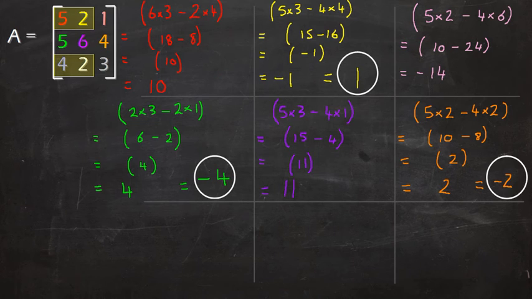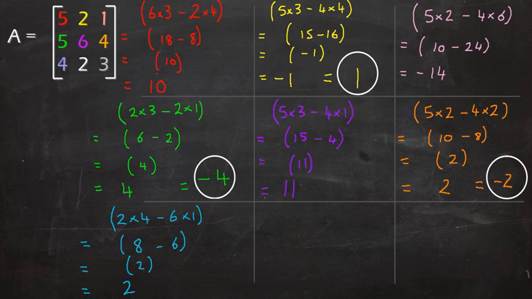So it's going to be 5 times 2 take away 4 times 2, which comes out as positive 2, but because it's every other one, the 6th position, we need to change the sign from 2 to minus 2.